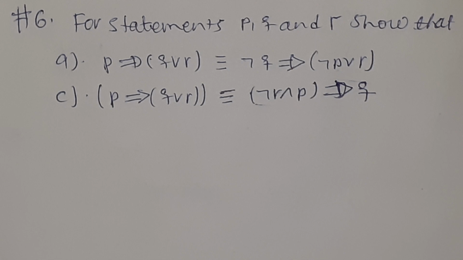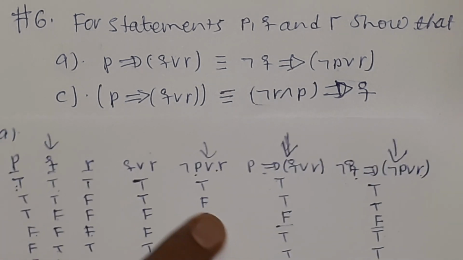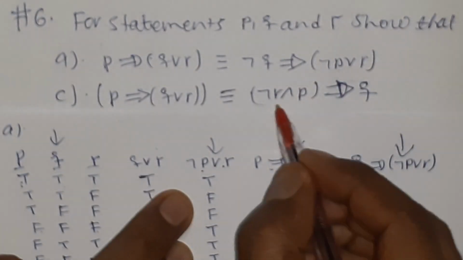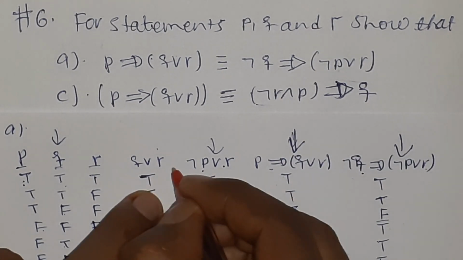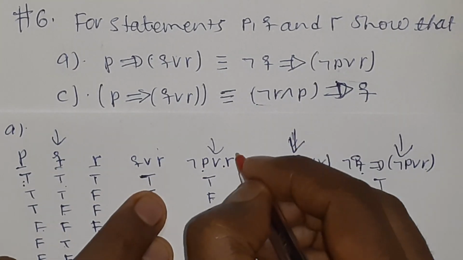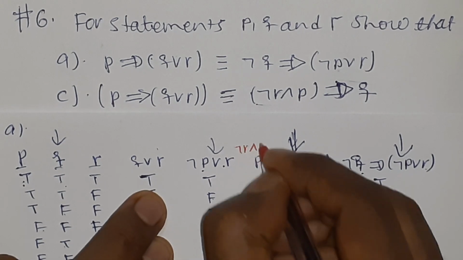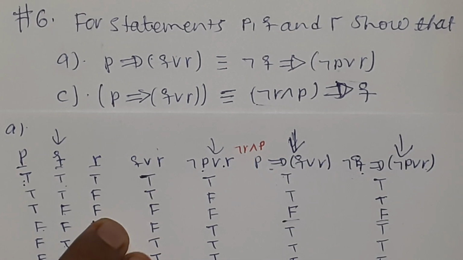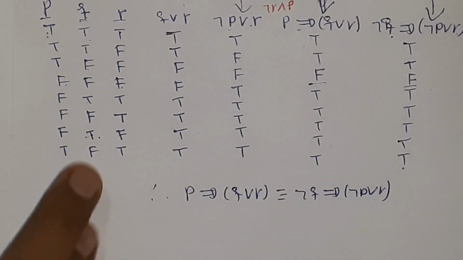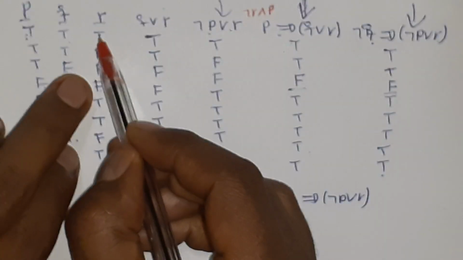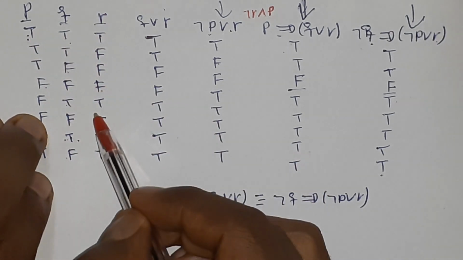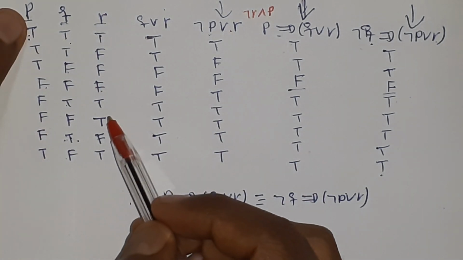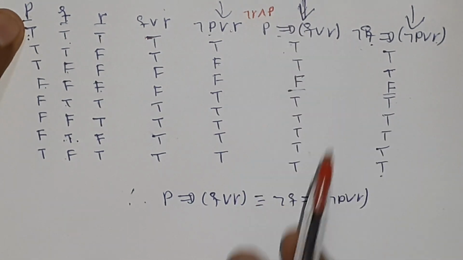In this case, what we need to include is, for example, the negation of R and P. We have R here and P here, so that the negation of this column must be connected with P by using conjunction.